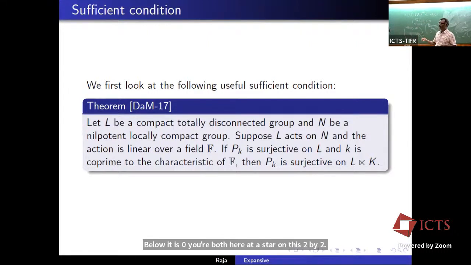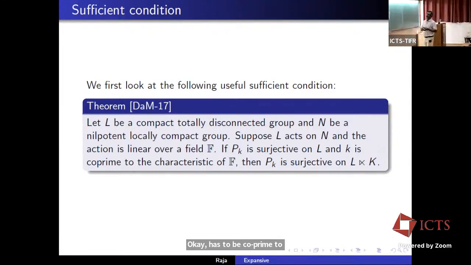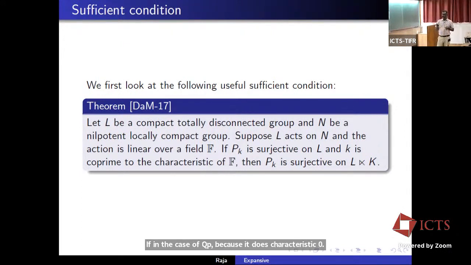This will be an example. Another more general example is this one: any flag corresponding unipotent group and this kind of compact group, but you have to choose the compact group to have the map surjective. K has to be co-prime to the characteristic of F, which will be true in the case of Q_p, because it has characteristic 0. So K will be co-prime to that characteristic.